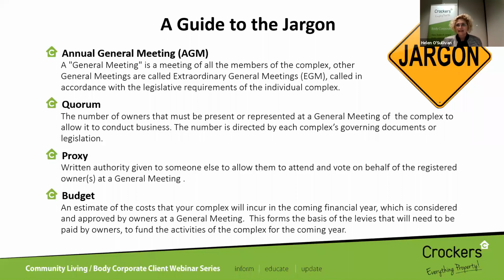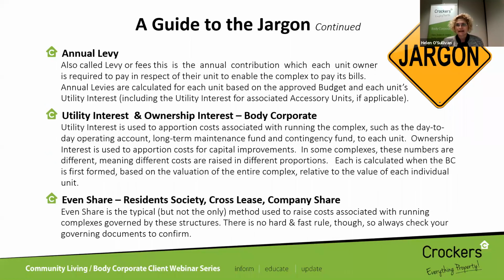Bodies corporate legally can borrow, but practically we have tried a number of times and found it virtually impossible to find lenders who can get their heads around the context and can accept the options with regard to the leases, with regard to the legalities of it. So, fundamentally, owners will have to go to their banks themselves to borrow money for projects like that. And the body corporate, by and large, we have found it almost impossible for bodies corporate to borrow to fund large projects.